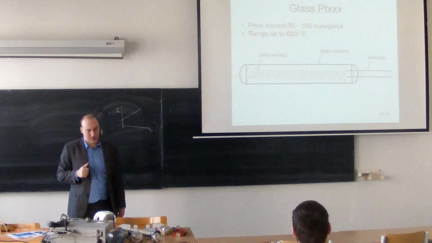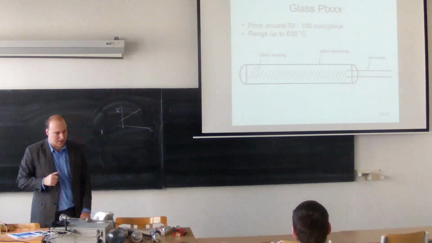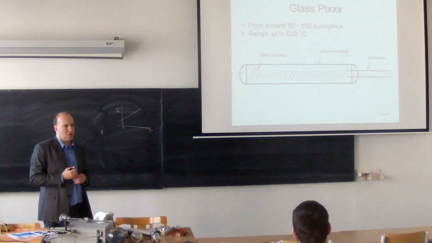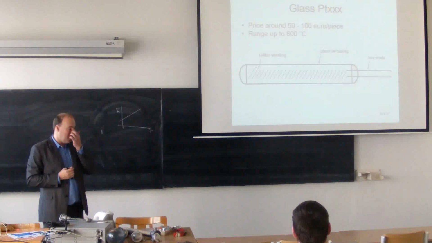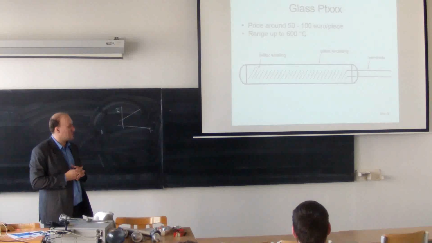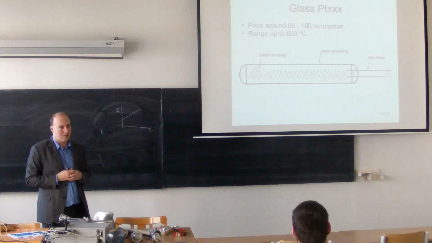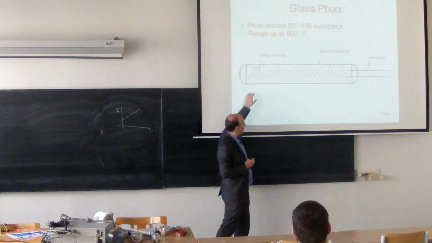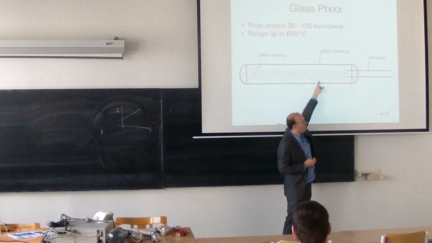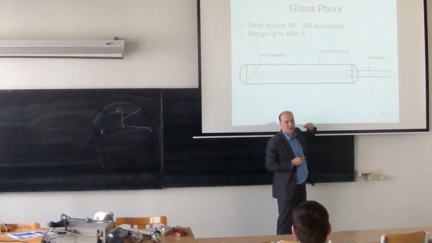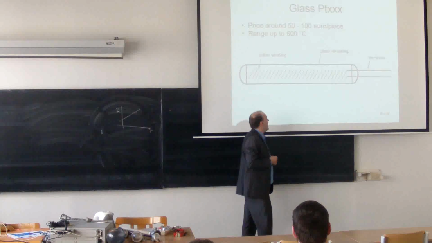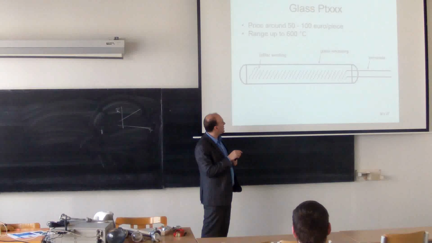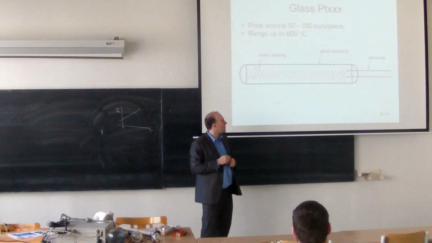The range depends on the encapsulation of the platinum. So we will use something that's called a glass platinum sensor. How does it look like? It's a thin platinum wire mounted like a coil, and this is encapsulated in glass.